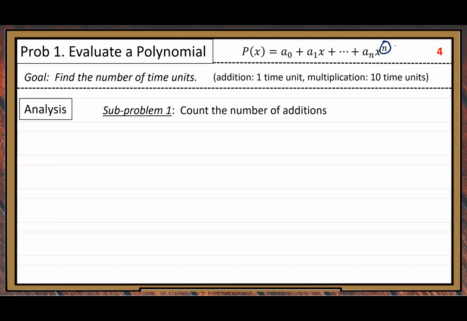So degree n. Good. N, good. Any other answer? Do you all agree with that n answer? Any other different answer you would like to compare with? Good.